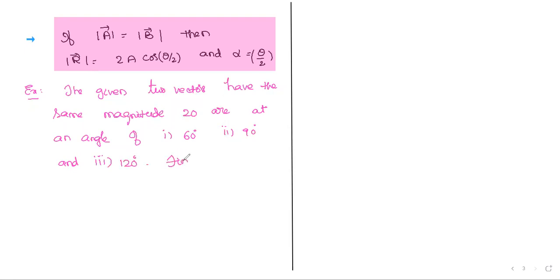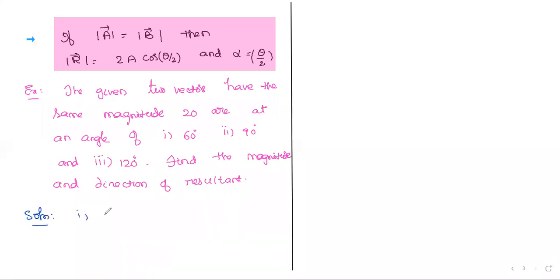Find in all the three cases the magnitude and direction of the resultant. For all the three questions, I think you can use the same shortcut, because they have equal magnitudes. Yes, you can solve it very easily.